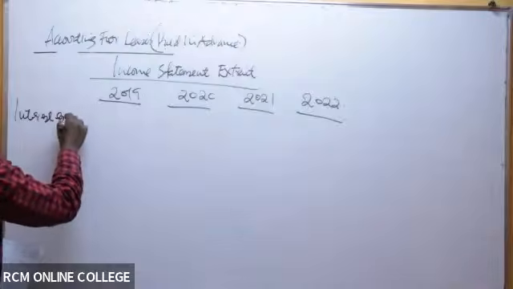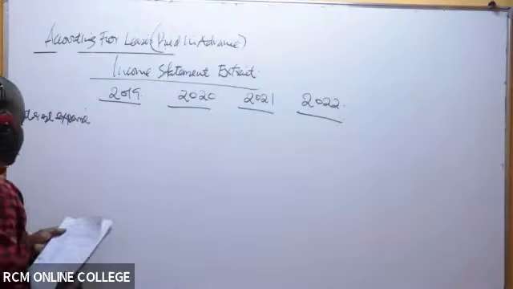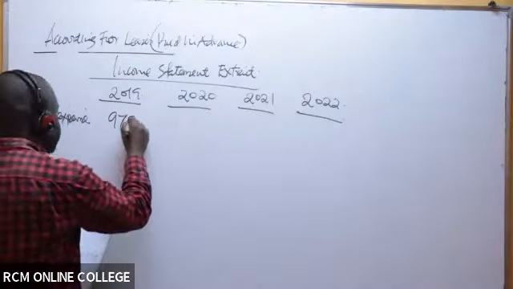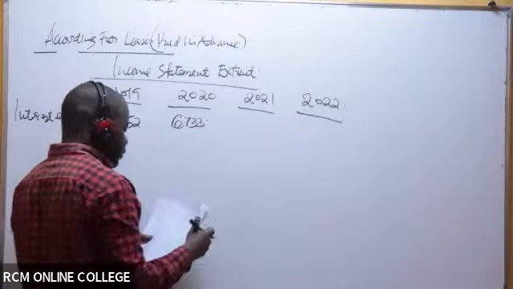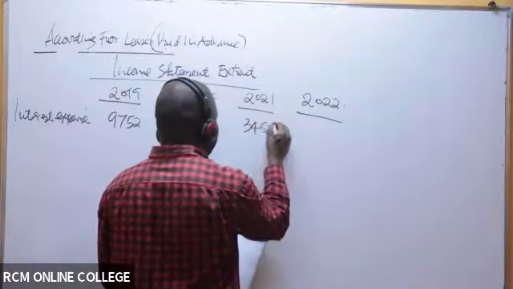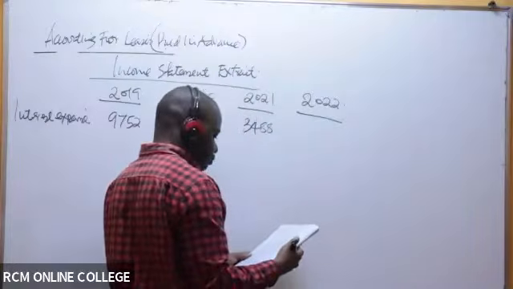So we have the interest expense, which you can get from the amortization schedule that you've come up with. If you look at the first year, it will be 9,752. In this case, we have 6,733. We have 3,488.